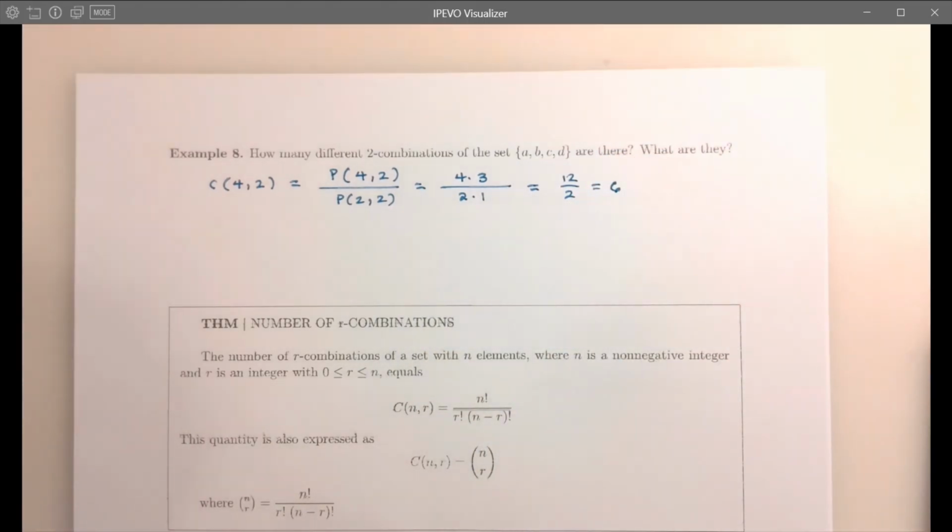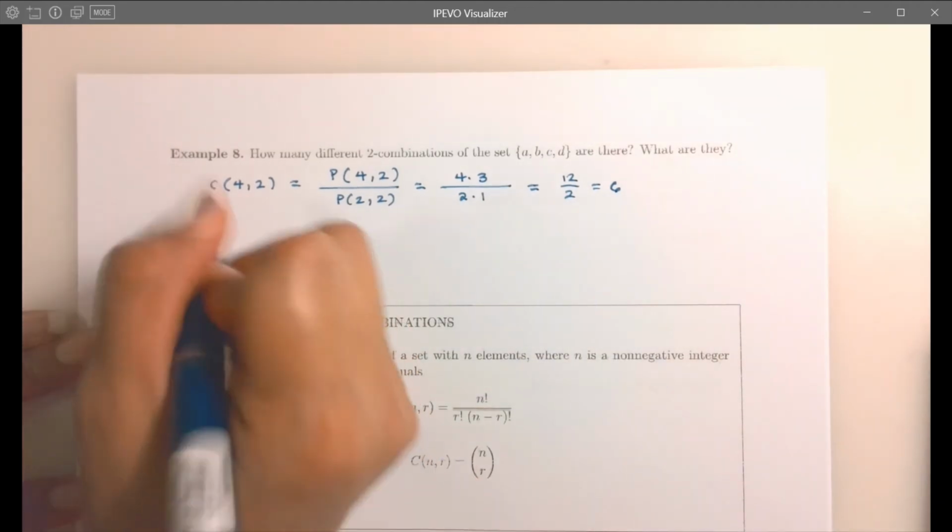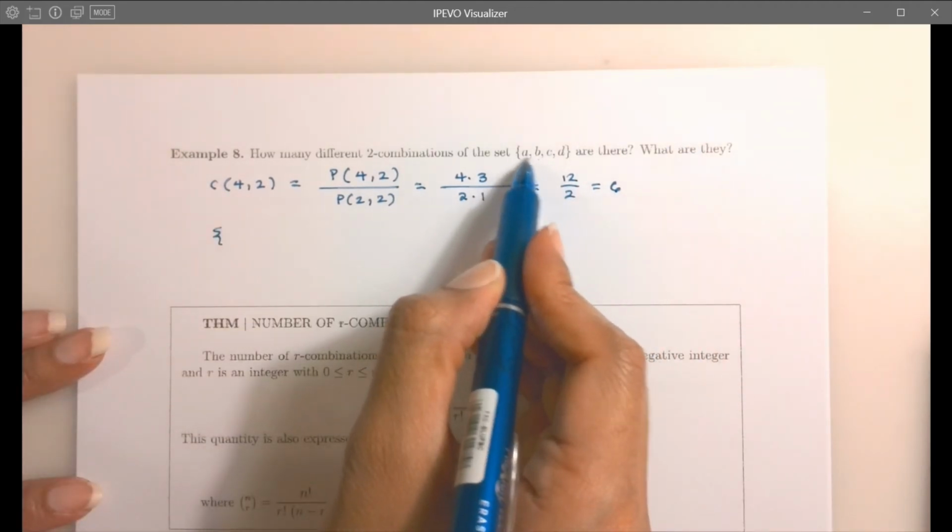Now, what are they? That's the second part. Well, we want to take subsets of size 2.